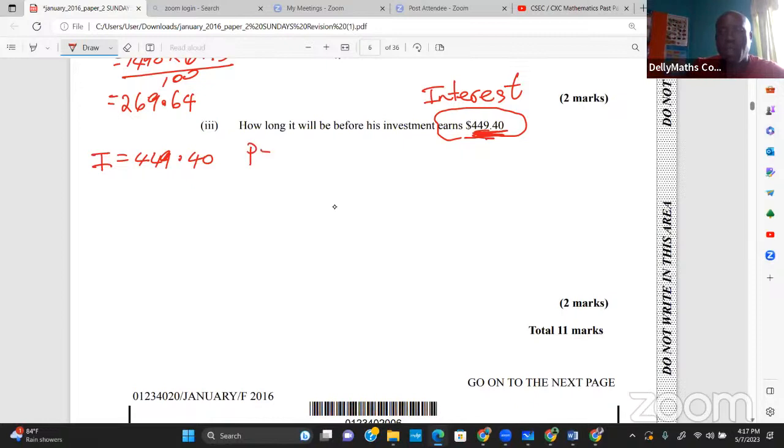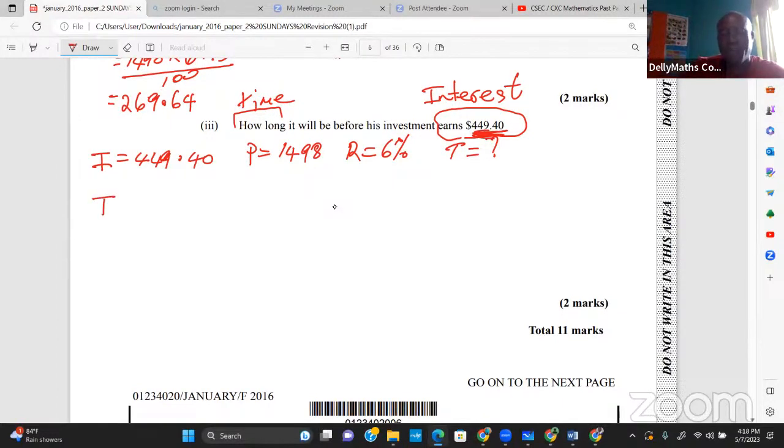Then my principal was from the get-go 1,498. The rate was from the get-go 6%. What they're asking me to find is time. How long? This refers to time. So I have all 3 things that I need to find time.